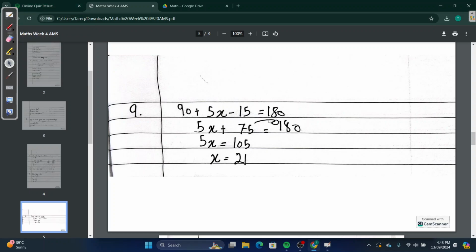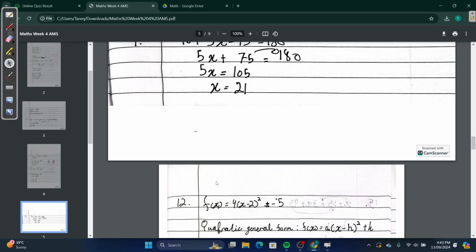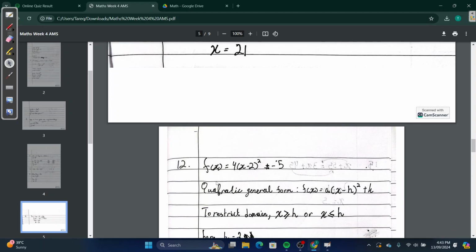You combine the x's: 90 plus 5x minus 15 equals 180. 90 minus 15 would be 75. So 5x plus 75 equals 180. Take 75 to the other side. 5x equals 105. Now 5 times 20 would be 100, so 20 plus 1 would make it 105. So 21. This is my way of doing long division, or multiplications. Ignore that.